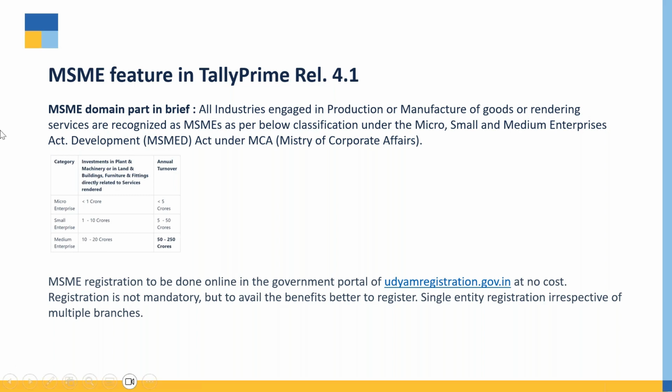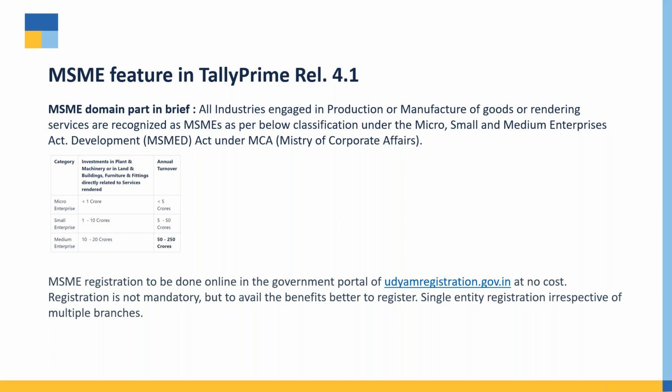Let us see how these MSMEs are classified. Say I'm starting a business, it could be a startup or a business already in practice. Based on their investment in plant and machinery or buildings, furniture and fittings, if it is less than 1 crore investment and annual turnover is less than 5 crore, they are classified as micro enterprises.